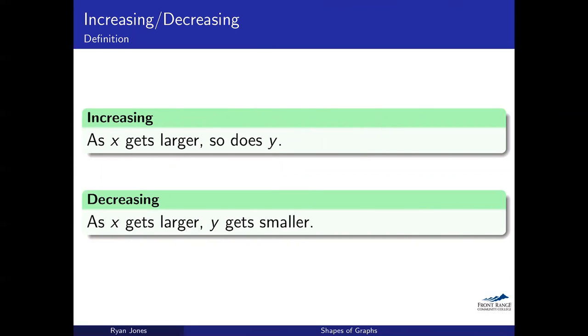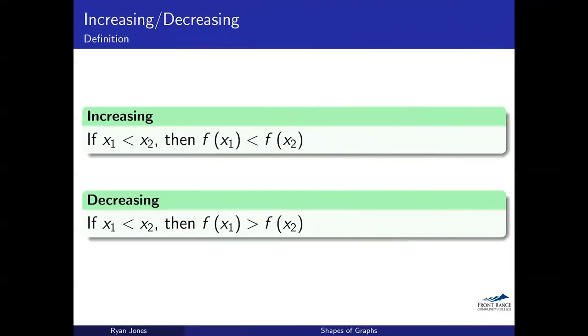Another way to say this looks a little bit more complicated, but it's a little bit more rigorous. That's to say that if x1 is smaller than x2, so I'm saying I've got two x values here, and one of them is bigger than the other. This bigger one, I'm going to call x2. If that's the case, then the function evaluated at x2 better be bigger than the function evaluated at x1.